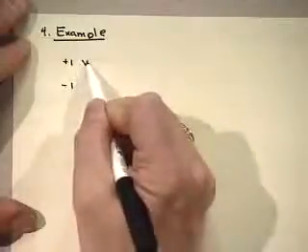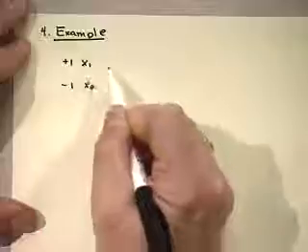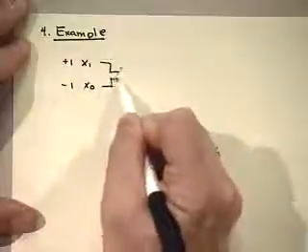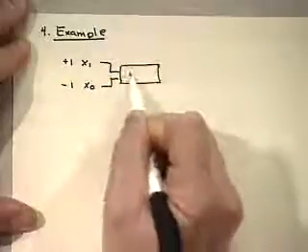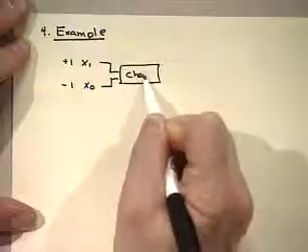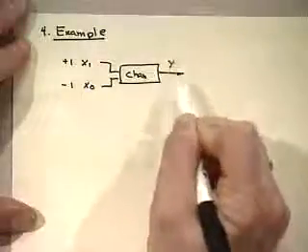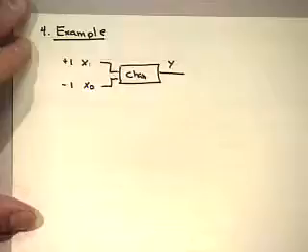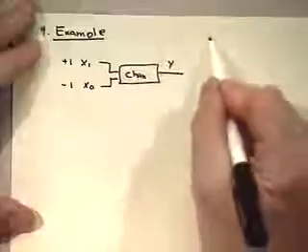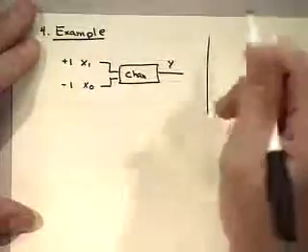Well, we have 2 possible inputs, x1 or x0, that could be transmitted through a channel. And we observe a single output y. It's kind of like binary transmission here, plus or minus 1 being sent.